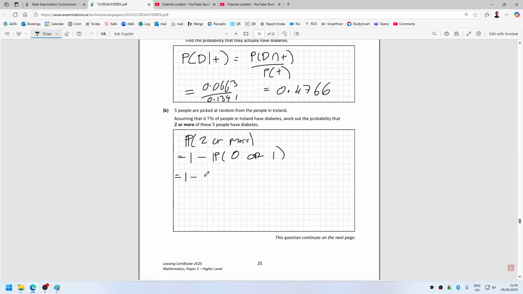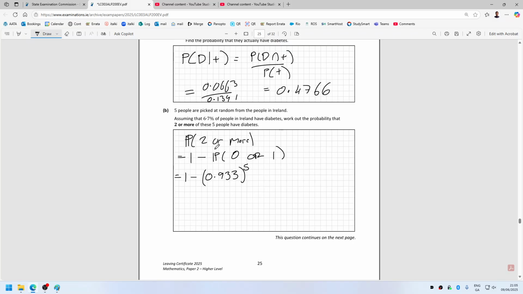None of them have diabetes, so that is 0.933 to the power 5.